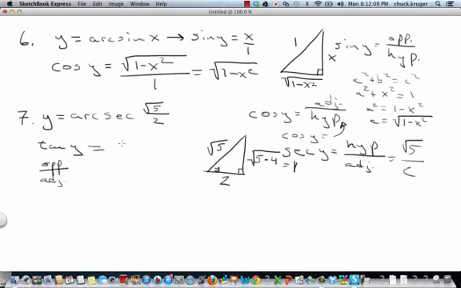So in this case, my opposite is 1 over 2. Excuse me, it's that value over 2. All right, so those are some practices of using right triangle trig to come up with some values.